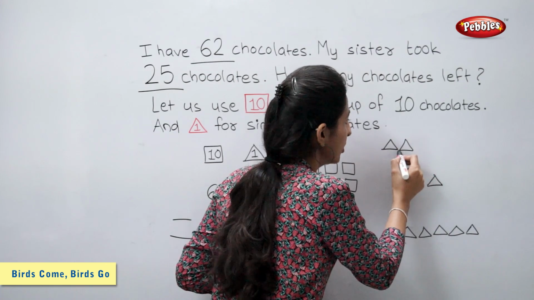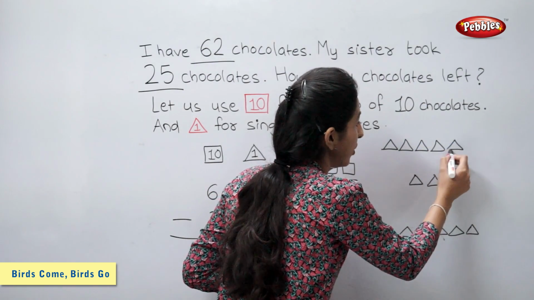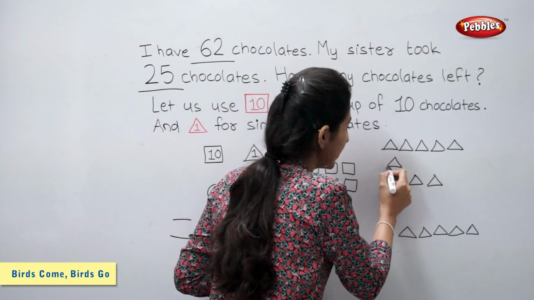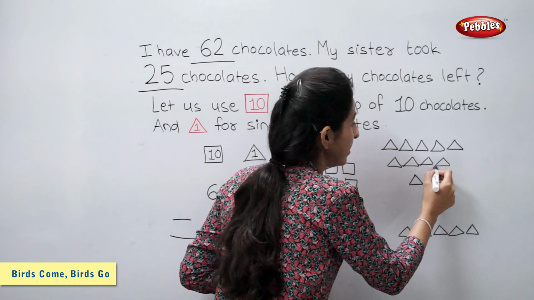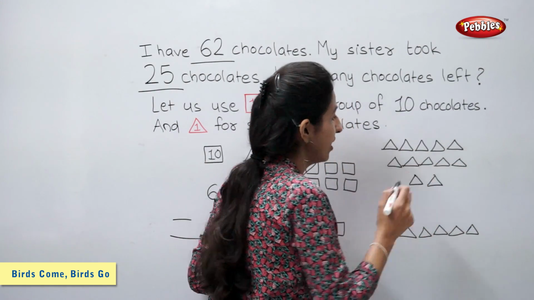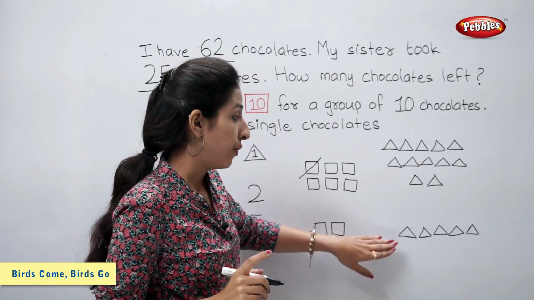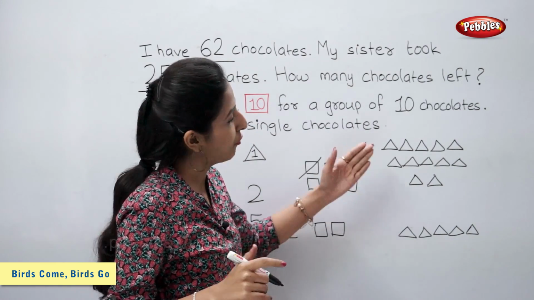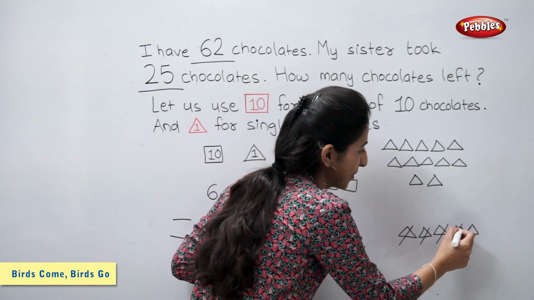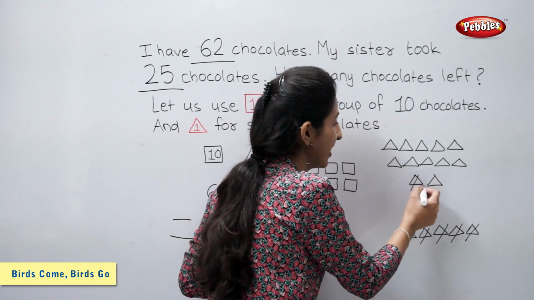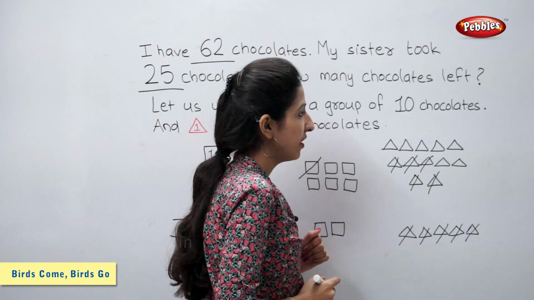1, 2, 3, 4, 5, 6, 7, 8, 9 and 10. So students, now we have 12 triangles. So we can take away 5 triangles from these 12 triangles. 1, 2, 3, 4 and 5.